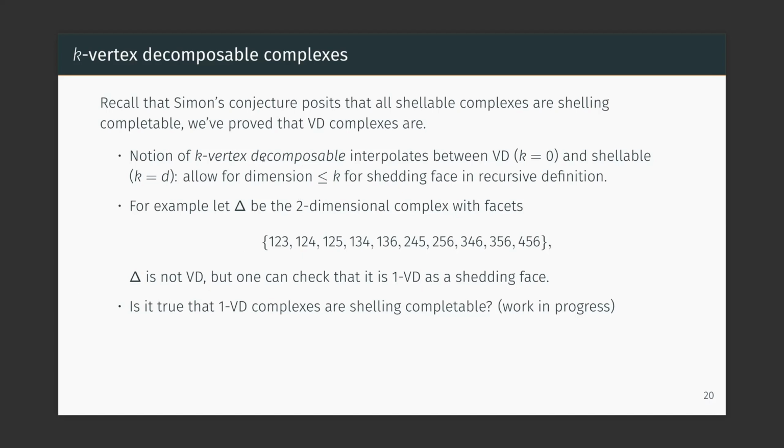So they interpolate between the vertex decomposable, which is the K equals 0 case, and shellable, which would be the K equals D case, where D is your dimension. You define these things by just restricting the dimension of the shedding face, if you remember the definition of vertex decomposable. I just gave you an example here: if you take this two-dimensional complex with those facets, you can check that it's not vertex decomposable, but it is one vertex decomposable.